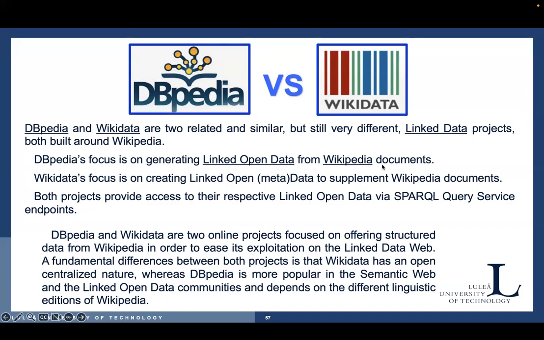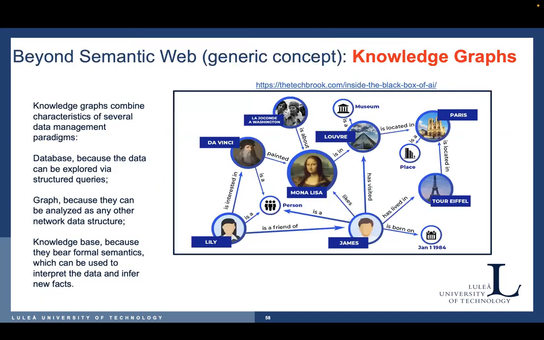And you will see it's slightly different. So basically, if you browse DBpedia, it is a kind of meta description of Wikipedia pages, which is suitable for automated processing, like semantic search.